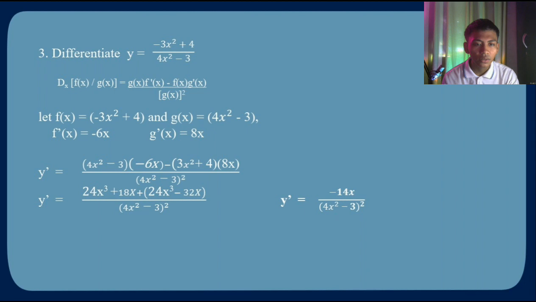Copy the denominator, which is 4x squared minus 3 quantity squared. And then we have to combine like terms, or arrange them according to their exponent. 24x cubed is cancelled, and then 18x minus 32x is equal to negative 14x, and then copy the denominator, which is 4x squared minus 3 raised to 2.